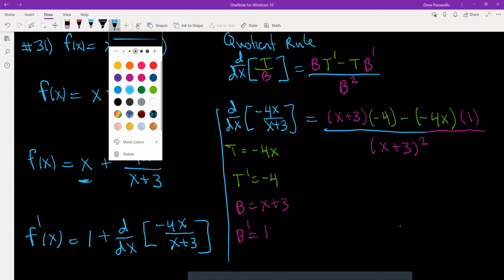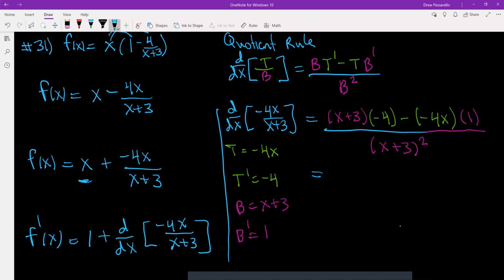All right, so if I distribute the negative 4, let's make negative 4x and then minus 12. And then I have a negative times negative 4x times 1. The double negative makes positive, so that's plus 4x, and then over x plus 3 squared.